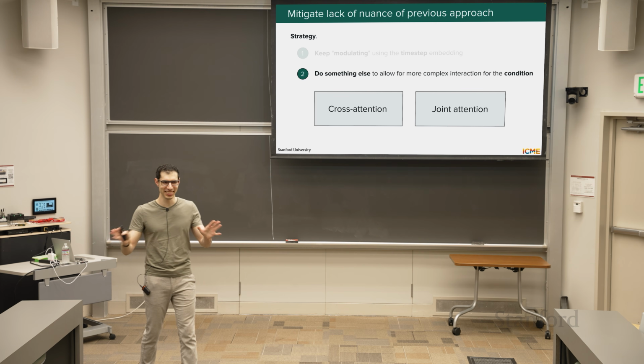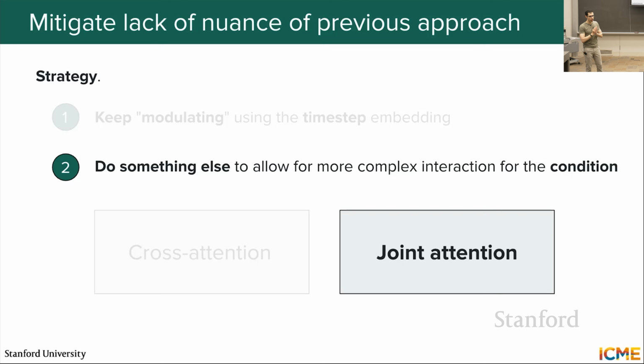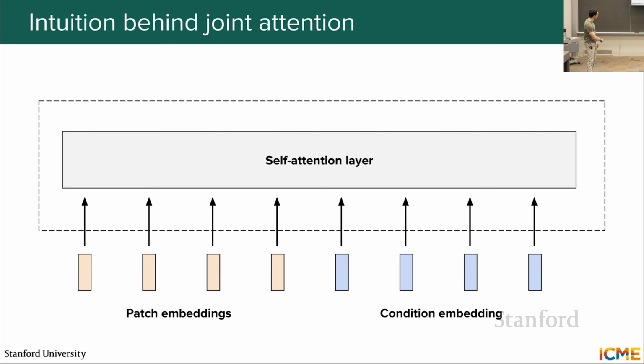All of that to say that nowadays, most people do joint attention related methods. And in particular, I'm going to introduce a term in 1 second. But before I do that, it's exactly what I mentioned here, the joint attention. We're considering the patch embeddings and the text embeddings all jointly. That goes through this attention layer and so on.